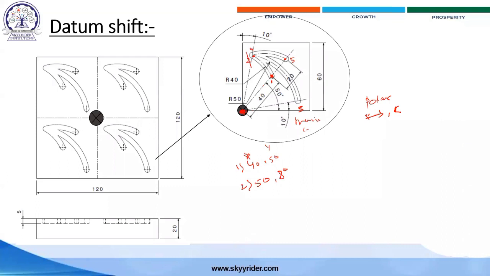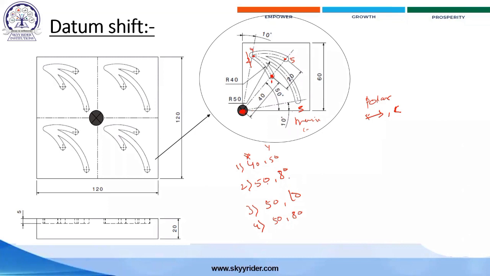Okay, then from the 2 position it will be coming to the 3 position. Then 3 will be how much? Same, 50 and 10 degrees, because from here to here it will be 10 degrees. Okay, then the 4th position will again be here, and the same thing will be written, 50 and 80.